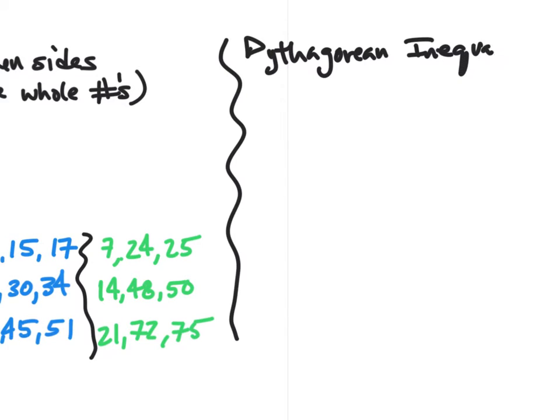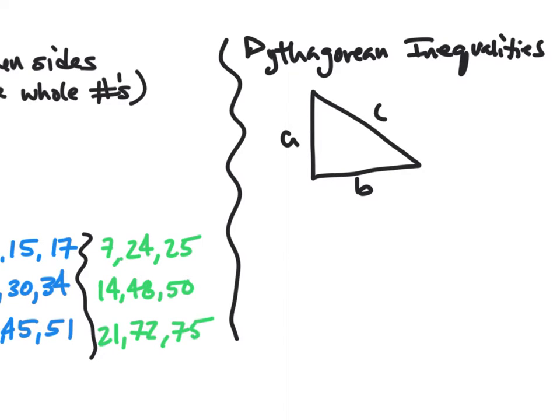In any sort of triangle with lengths A, B, and C, we know that if we have an acute triangle, using some Pythagorean inequalities, if I take A squared plus B squared, then I know that this is going to be greater than C squared. Then I know that I have an acute triangle if I have that relationship here.